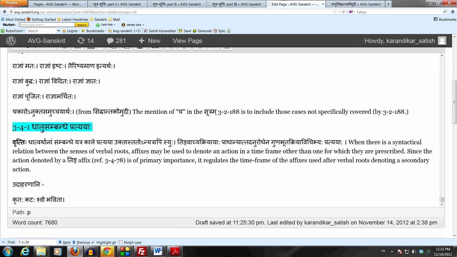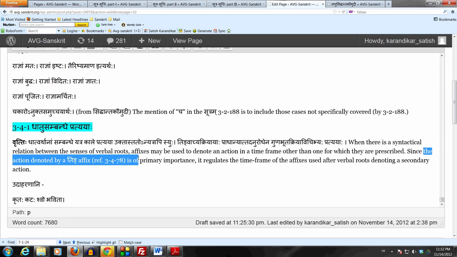It says that ting vachya kriyayaha pradhanyat tadanurodhena gunabhuta kriyavachibhyaha pratyayaha. Okay, what does this mean? Ting vachya kriyayaha pradhanyat, because of the primary importance of what? Of the action which is denoted by the tingantam padam.